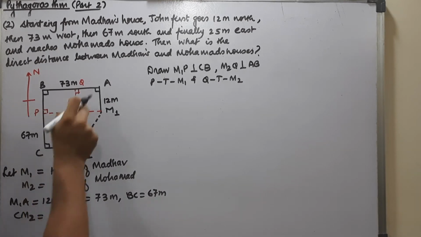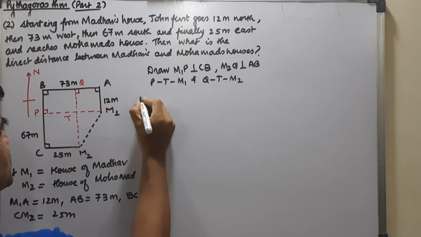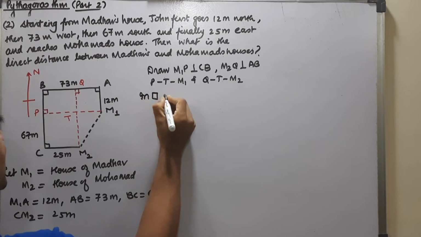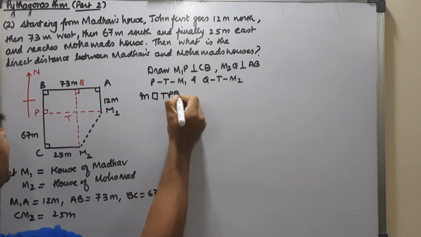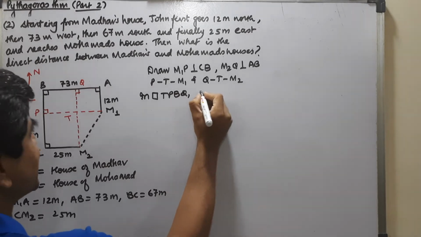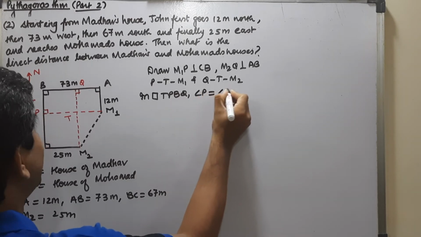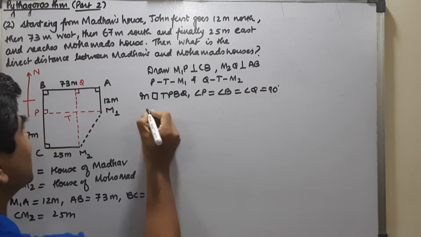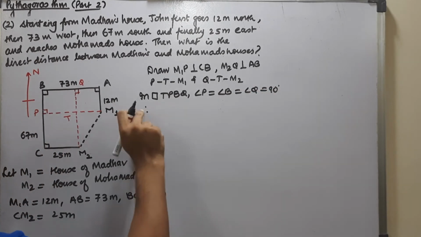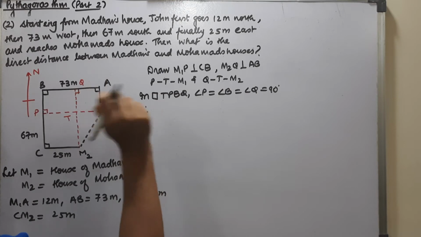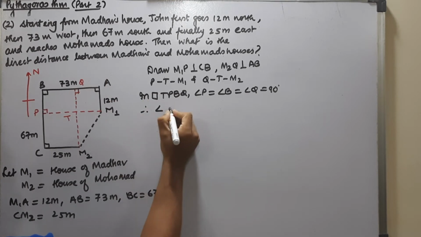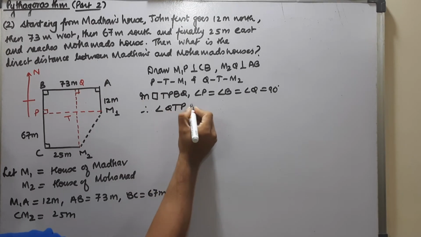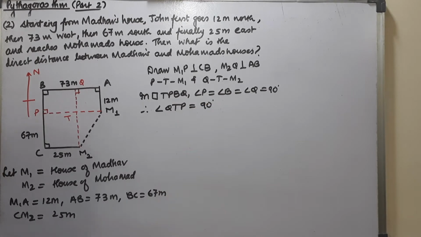So when I consider quadrilateral TPBQ, you have angle P, angle B and angle Q each 90 degree. Therefore quadrilateral TPBQ is a rectangle having angle QTP equal to 90 degree.